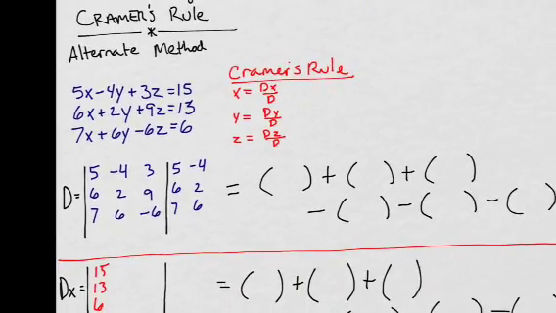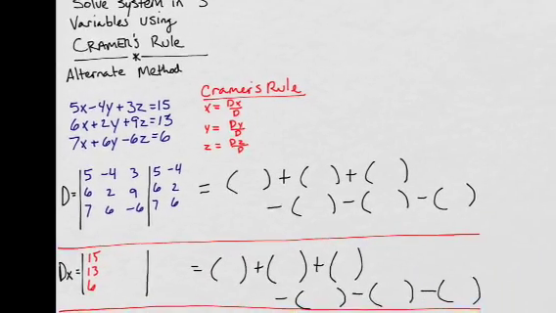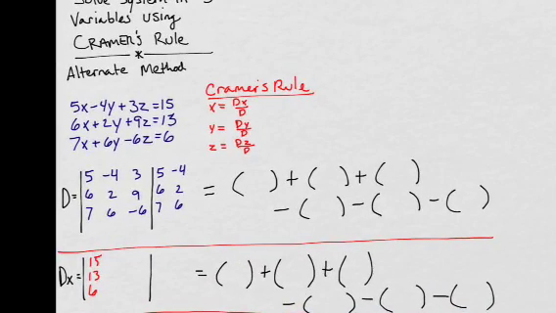And here's the order we're going to do this in. We're going to multiply diagonal down one time, and then a second time, and then a third time. Each of those products, we're going to add together.